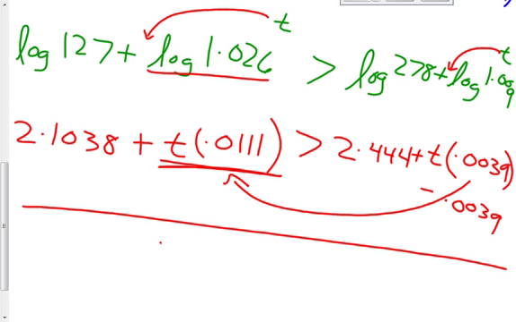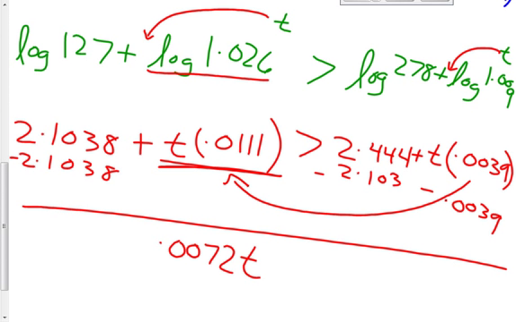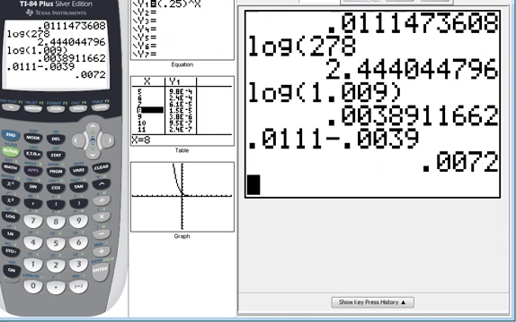So I have 0.0072t, and now I'm going to subtract 2.1038 from both sides. So 2.4444, right? There's four 4s.